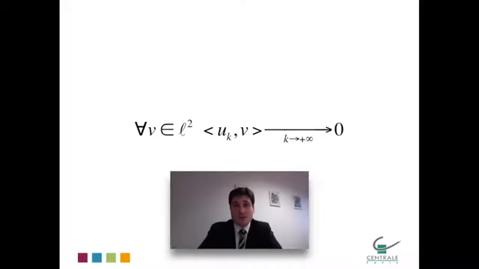So this inner product of u_k and v will go to 0 for every v. Doesn't matter. For every v in l2, the inner product of u_k and v goes to 0. And when I'm saying this, I'm saying that u_k weakly converges to 0.